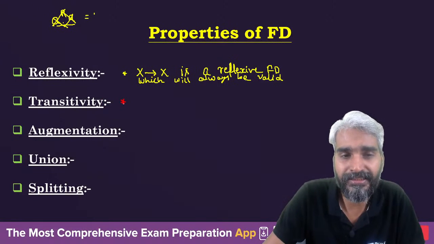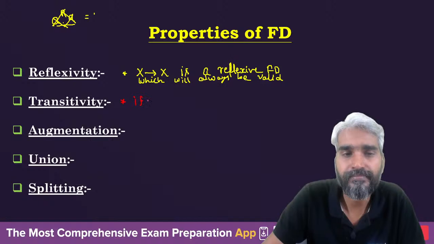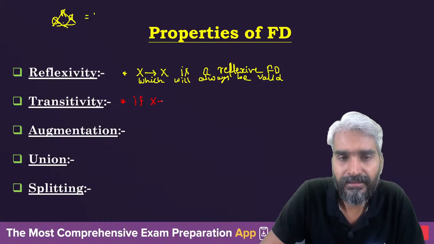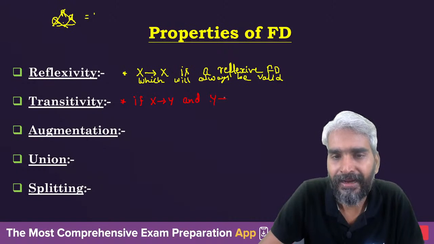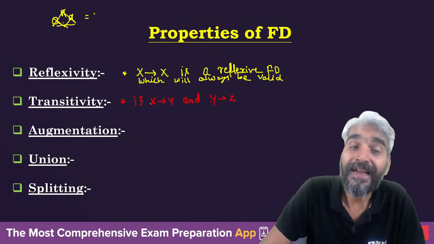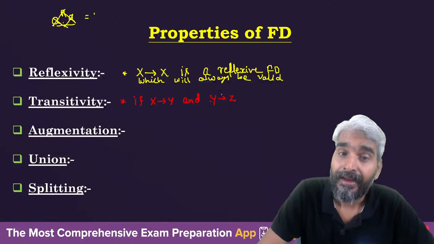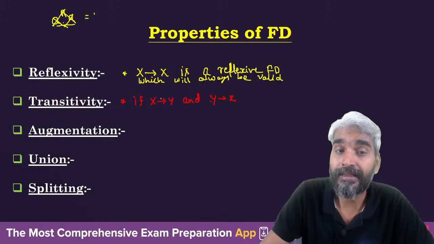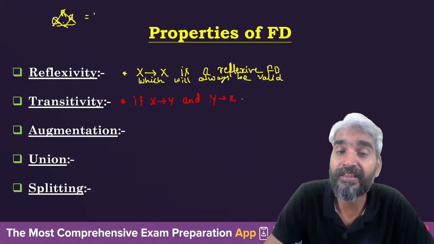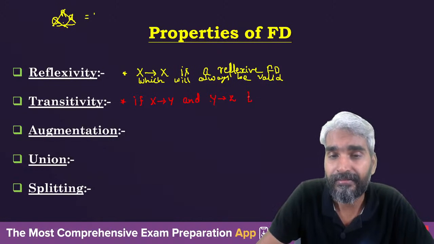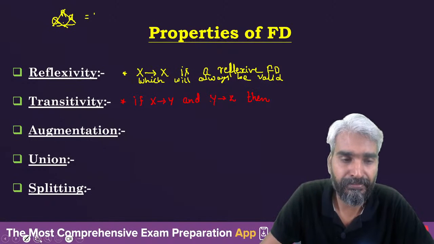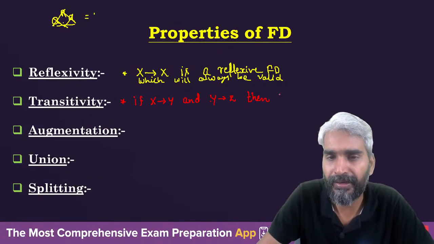What does it say? It says if X determines Y and Y determines Z, so X can give you the information of Y and Y can give you the information of Z, then the values of X and Y will be of such type that X will be capable of giving the information of Z. So if X implies Y and Y implies Z, then X implies Z. This is the normal transitivity property.